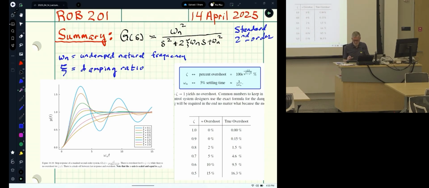Zeta sets the amount of overshoot. You can see this gold line here is 5%, and then 10, and then it gets more and more. You can go for no overshoot, and then the response tends to be quite slow and sluggish.